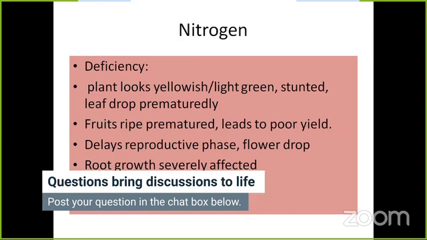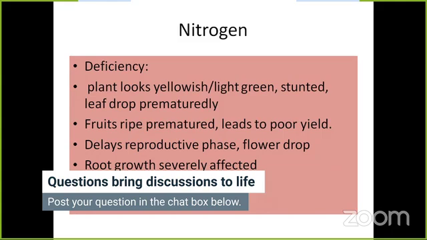So fruits ripen prematurely because there is no strength for the plant to survive without the required nitrogen. So there is difficulty in metabolism. The fruits become ripe prematurely, and that is why it leads to poor yield. The size of the fruit will be smaller.